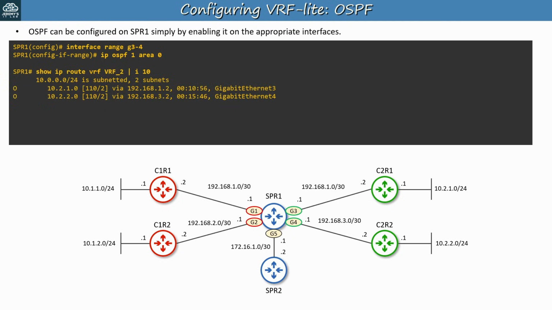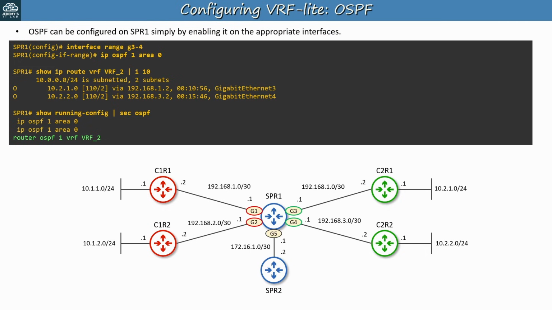After forming OSPF adjacencies, the routes to customer 2's LANs appear in SPR1's VRF2 routing table. If you enable OSPF on interfaces like this before creating the OSPF process itself, the router automatically creates the process. Let's check it out in the running config. This command looks a little different from usual.